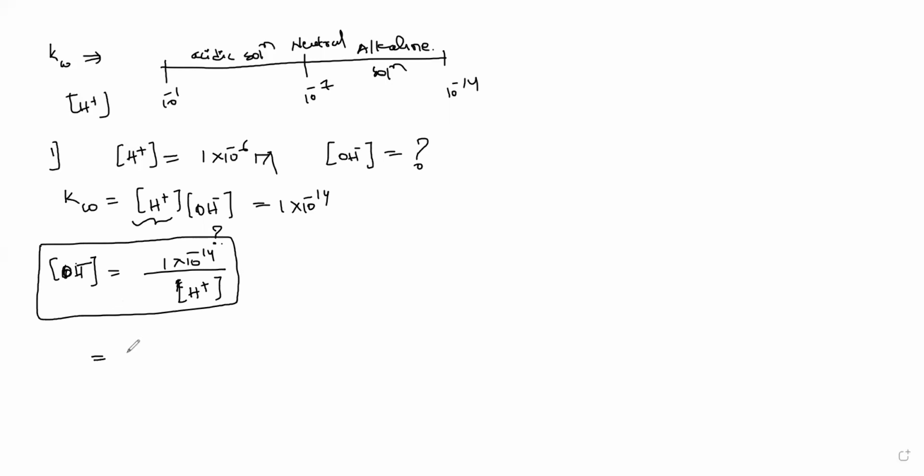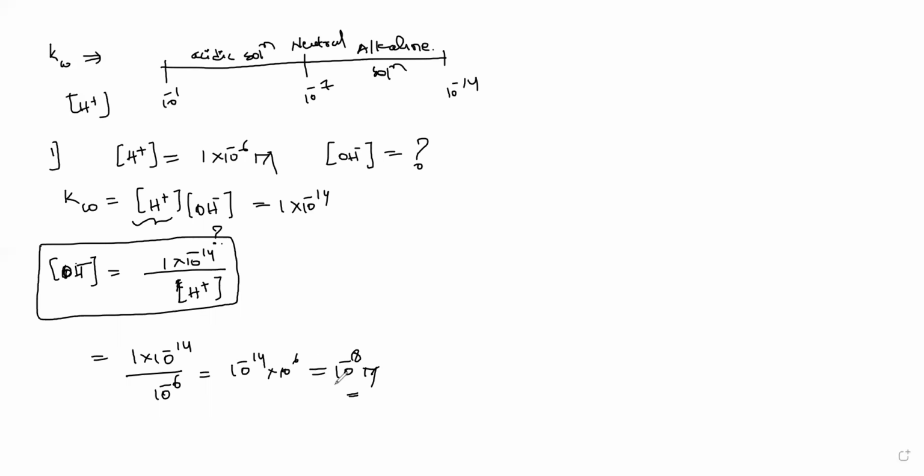Substitute the values: 1 into 10 to the power of minus 14 by 10 to the power of minus 6. Then take minus 14 plus 6, which gives 10 to the power of minus 8 moles per liter. For any solution, the KW value is 10 to the power of minus 14 at 25 degrees centigrade.